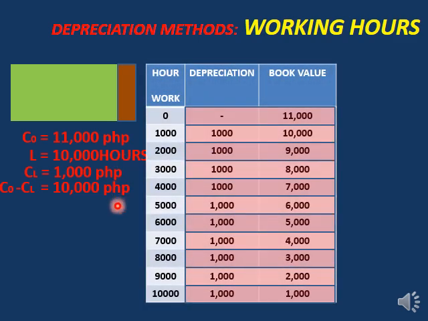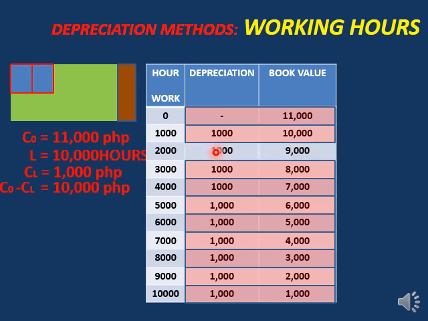So, here is now the depreciation schedule for this photocopier. Now, we have not yet printed any paper, so the book value of the photocopier is intact at 11,000 pesos. After printing for the first 1,000 hours, we have a depreciation of 1,000 pesos.